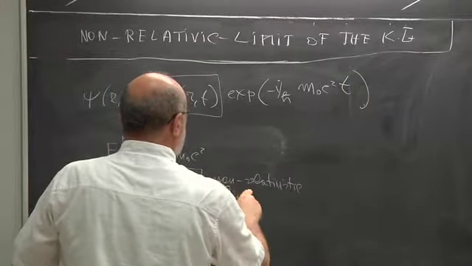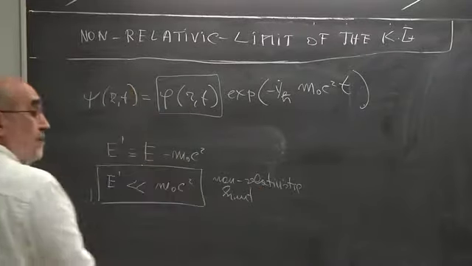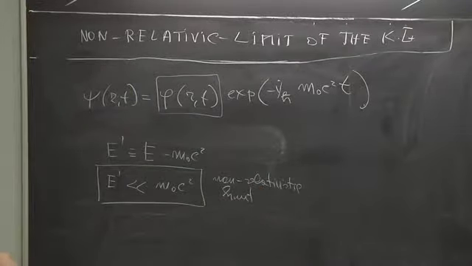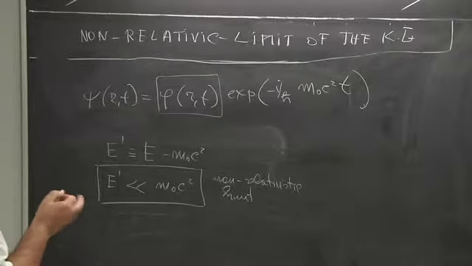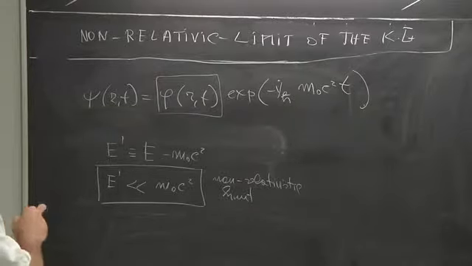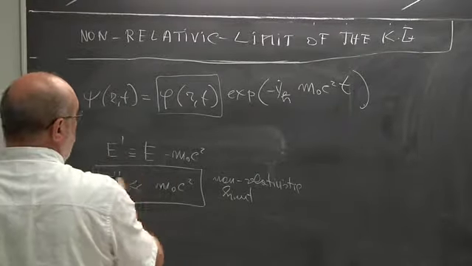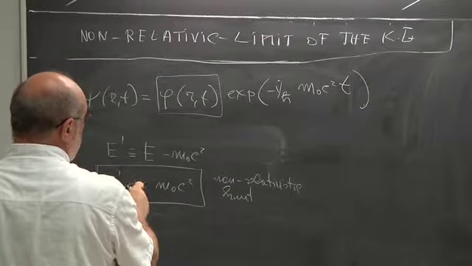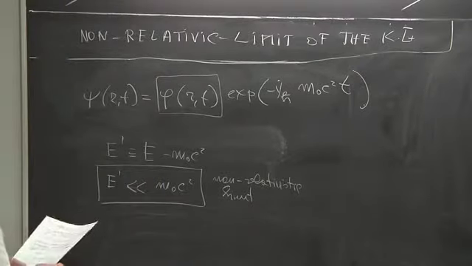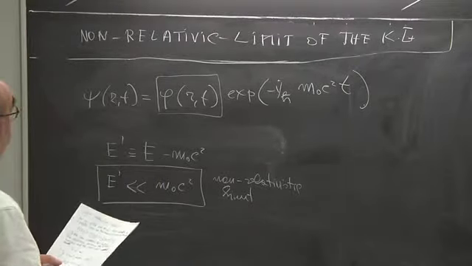So the non-relativistic limit means for me, because I don't have velocity explicitly in the equation, I have the energy in the equation, that the kinetic energy, which is the total energy minus the mass energy, is much less than the mass energy.